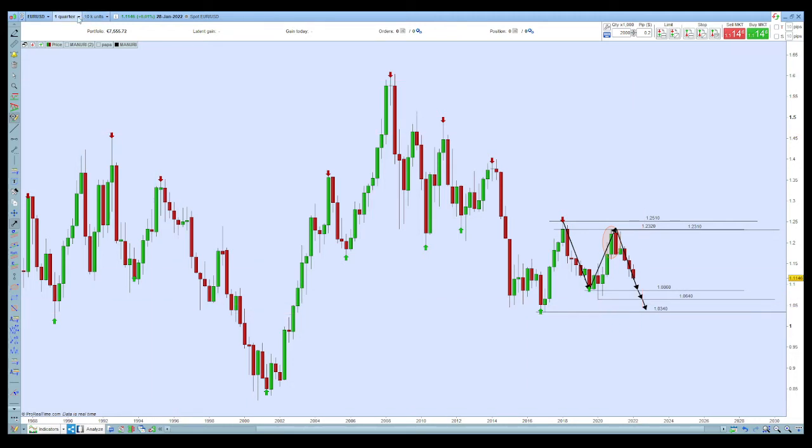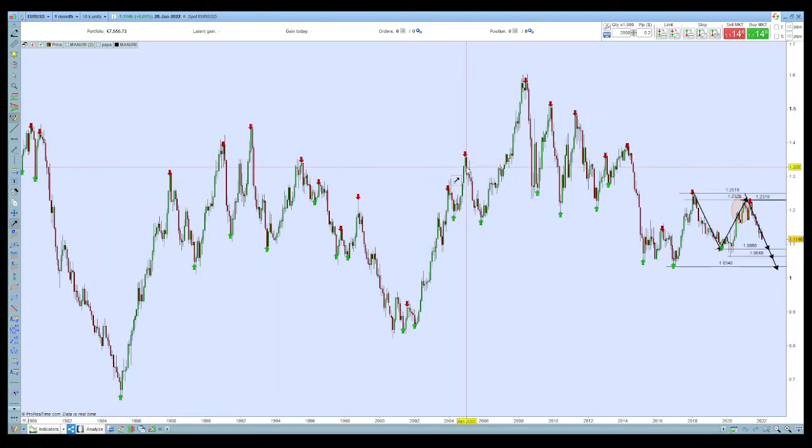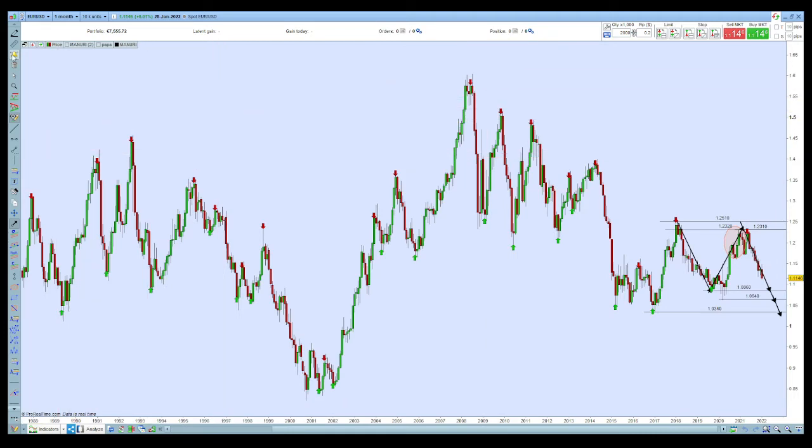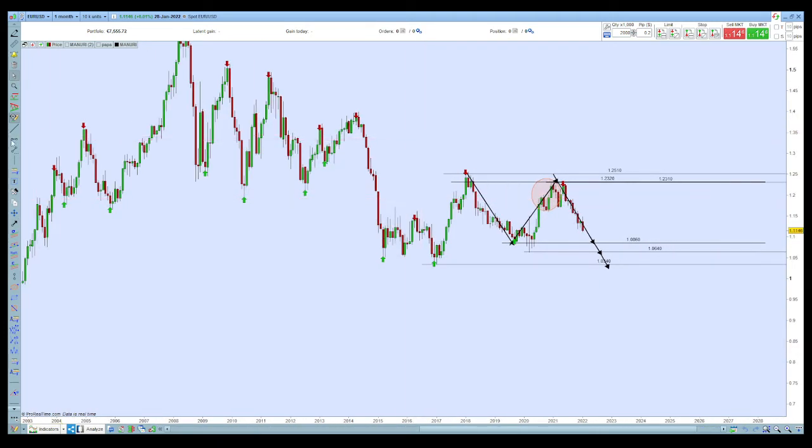So let's have a look at the monthly chart. Let me clean this up a little bit. Okay, on the monthly chart we are seeing right now there's no resistance or support, only those two key levels.